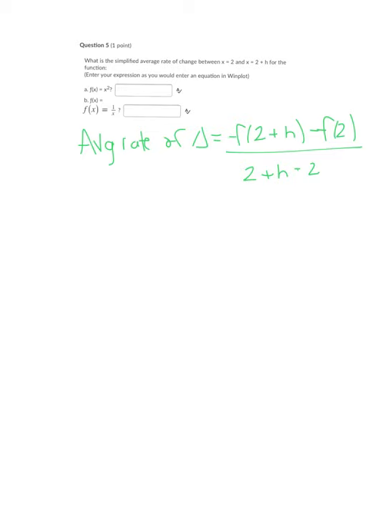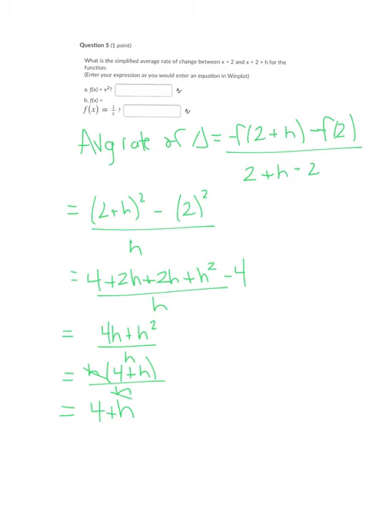You will have to pause the video to see the full solution, but I will do it right now. So as you can see, I've done f of 2 plus h subtract f of 2 divided by h. I FOILed out this first bracket to get this simplified and got a final answer of 4 plus h.